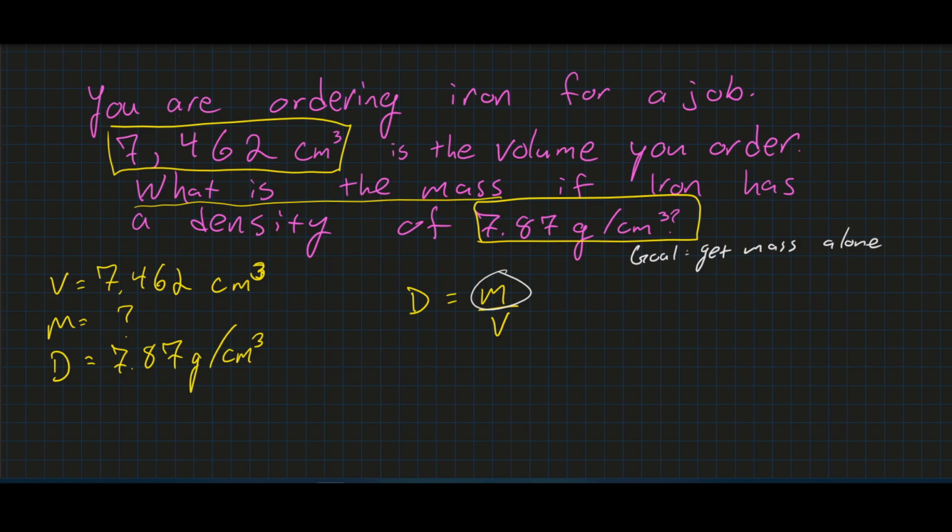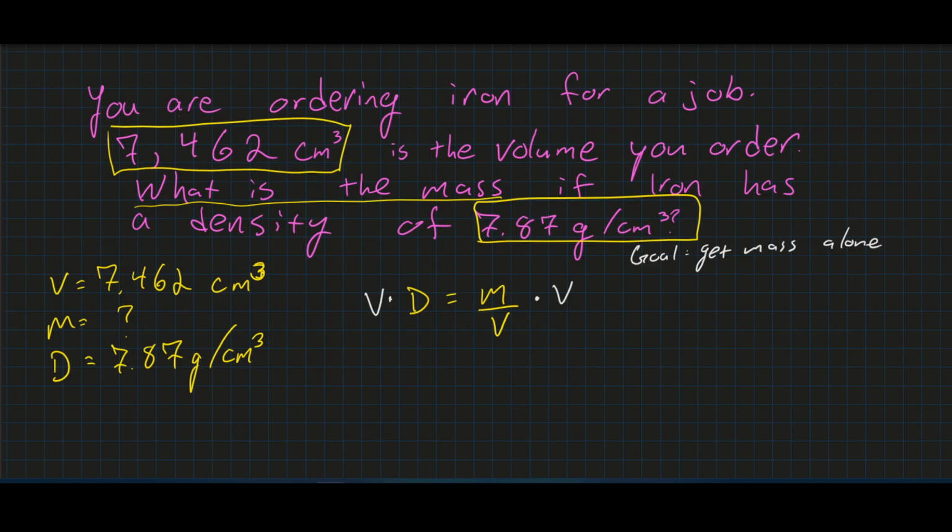So to do that, we're going to take V and put it on this side somehow. To do that, what you want to do is multiply both sides by volume. Now, this is going to do something great for us.